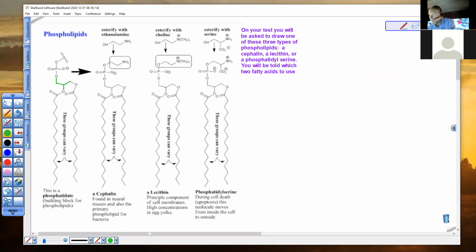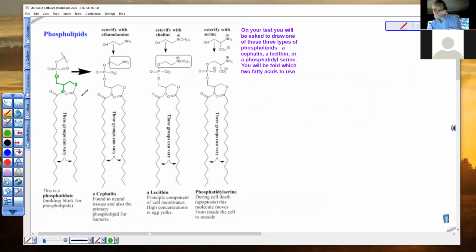That is glycerol right there, except glycerol has been esterified 3 times here. We have a phosphate ester up here. Everything on this page has a phosphate ester. That's why we call these phospholipids. And we have fatty acid esters here.